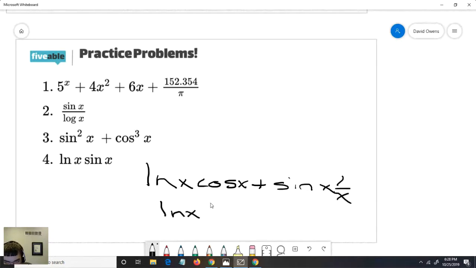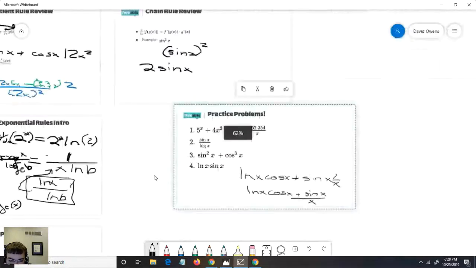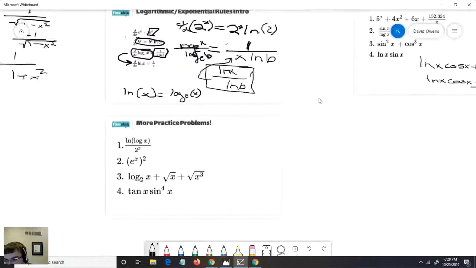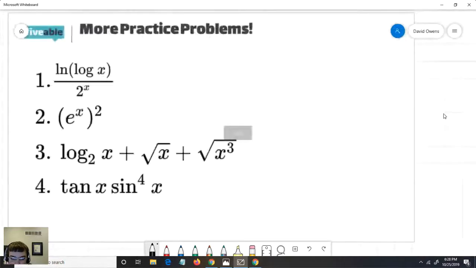And if we just simplify that, we'll have that. So that's a pretty simple application of the product rule, and adding in this new wrinkle of our logarithmic functions.